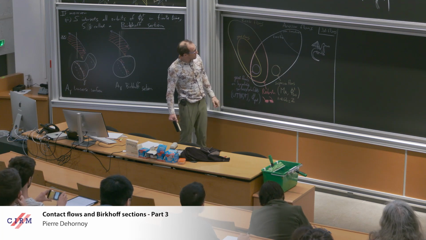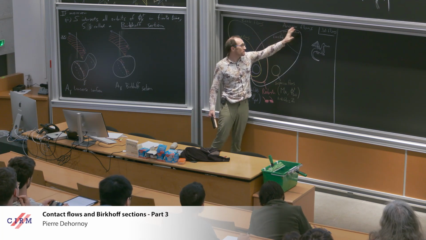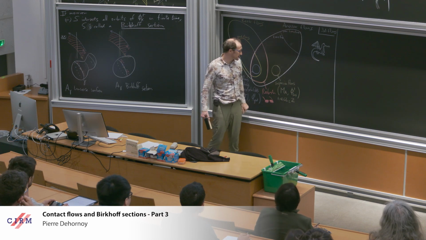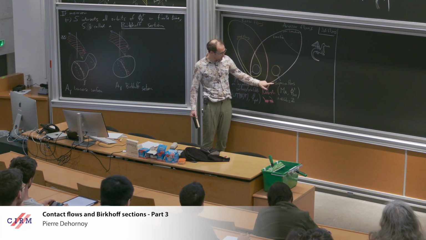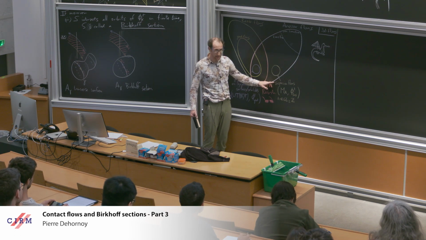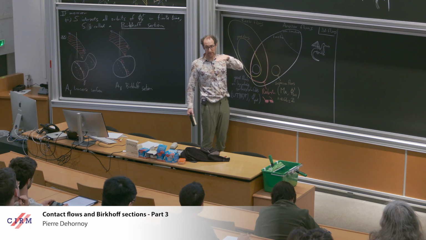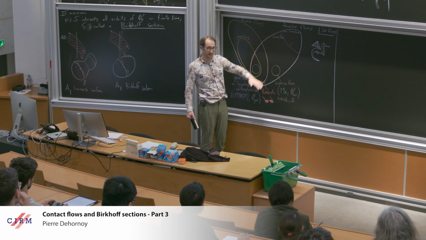Yes. And in the world of Anosov flows, there are two particularly simple classes, which are the suspension flows. The suspension flows, we didn't speak that much about them this week, because they are supposed to be almost trivial. These are the flows you obtain by taking a hyperbolic matrix acting on T2 and suspending it.